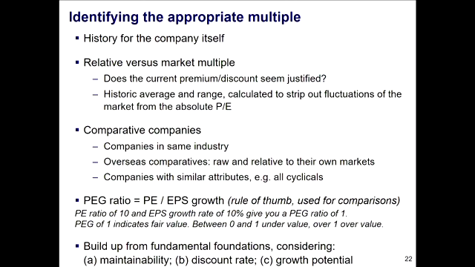Another relative valuation tool we probably can observe from the market that analysts use a lot, that's the PEG ratio. It is the PE ratio over the EPS growth rate. So it indicates a relative pricing: overvalued, fairly valued, or undervalued. These multiples are often used in conjunction with the enterprise DCF valuation model.